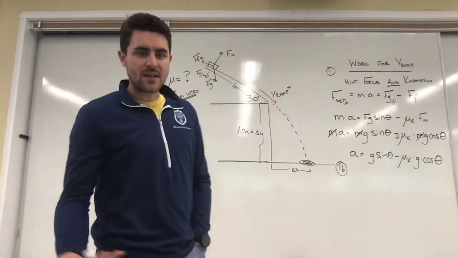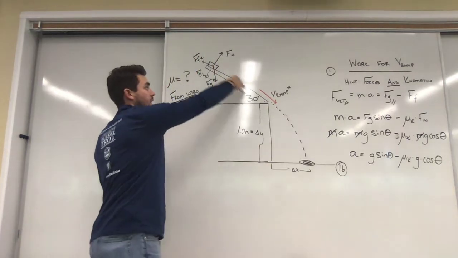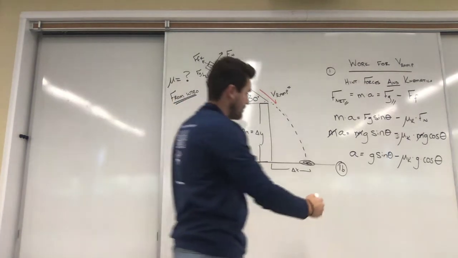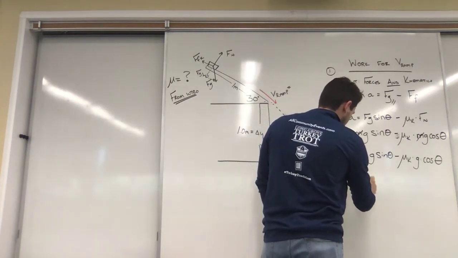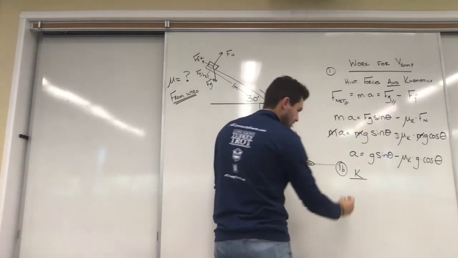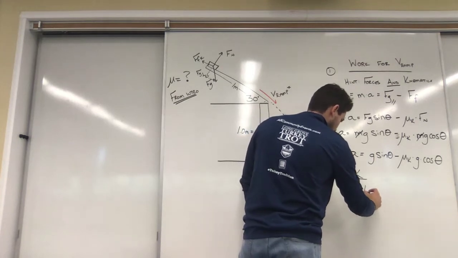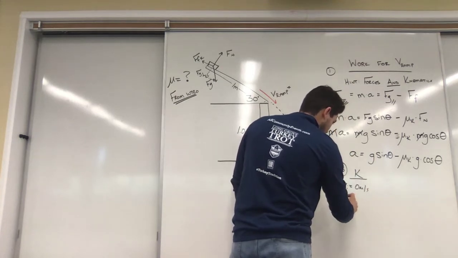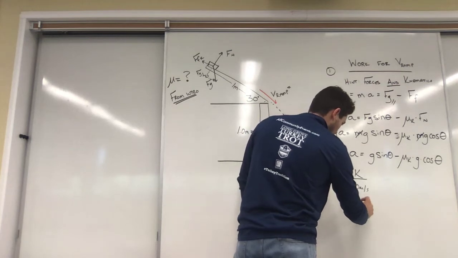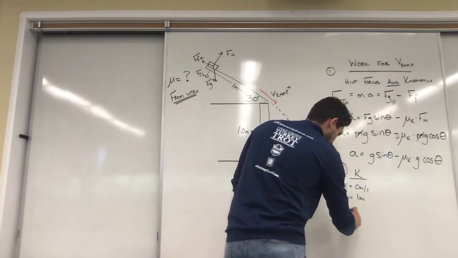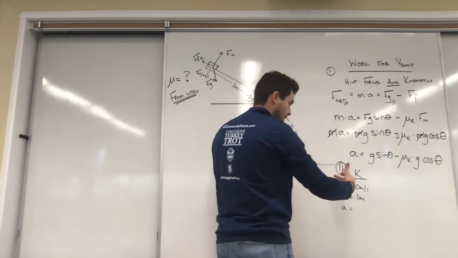Once I know my acceleration, now I've got to figure out what the speed is going to be at the edge of the ramp. Well, what are some things I know after finding acceleration? I'll know my initial velocity is 0. I'll know that it's going to travel a distance of 1 meter. I'll know the acceleration is equal to whatever I found up there.